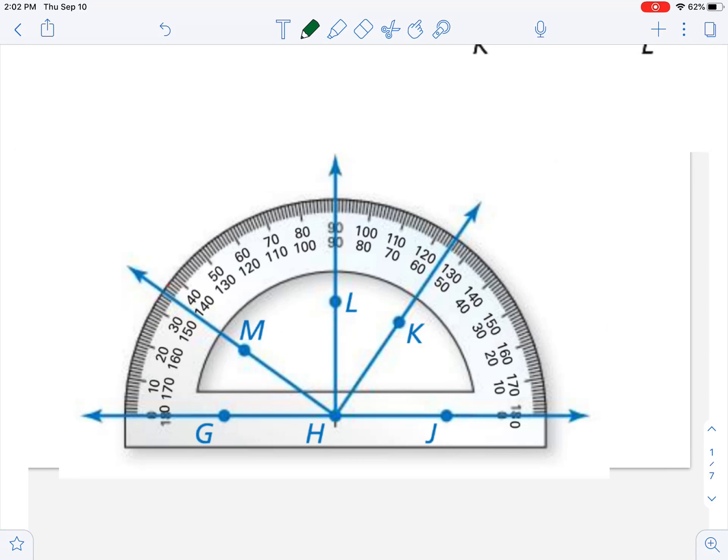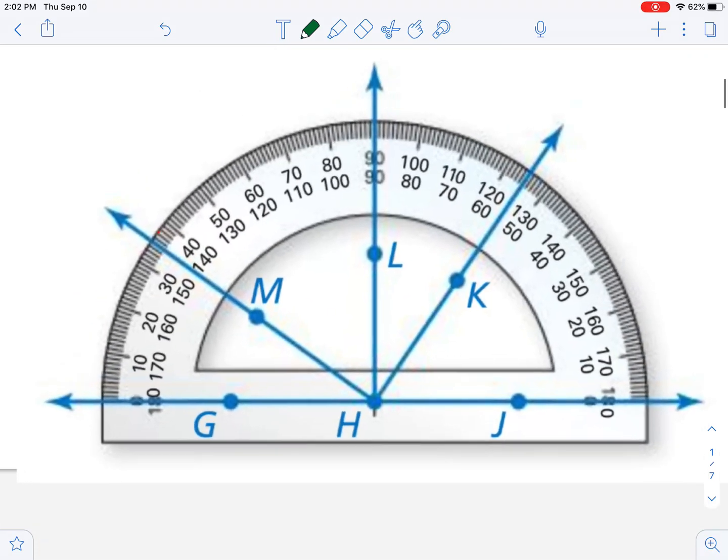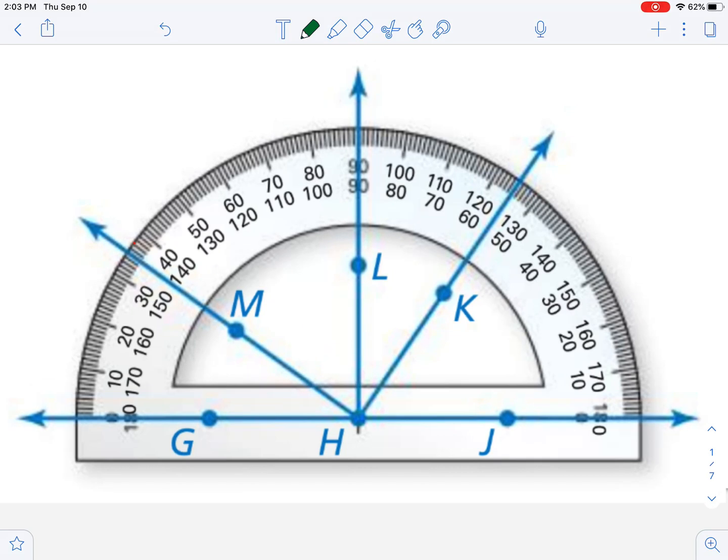And here's a different problem. This was one of the problems on your homework. I just changed the letters around and changed some of the positions of the angles. But let's look at, again, how to measure angles. It doesn't matter which numbers you pick. You can pick the top numbers or the bottom numbers.